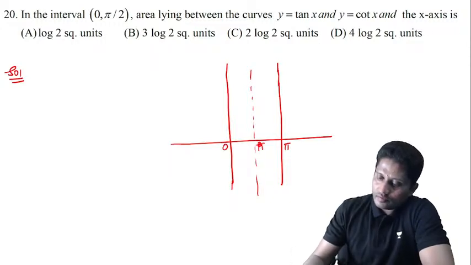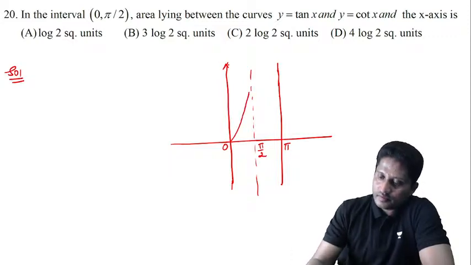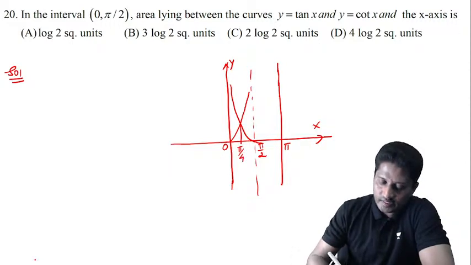This is pi by 2. It goes close to pi by 2, but it doesn't touch. Cot 0 is not defined, and cot 90 is 0. Tan and cot will cut at 45 only. Correct, this area I'm supposed to find out.